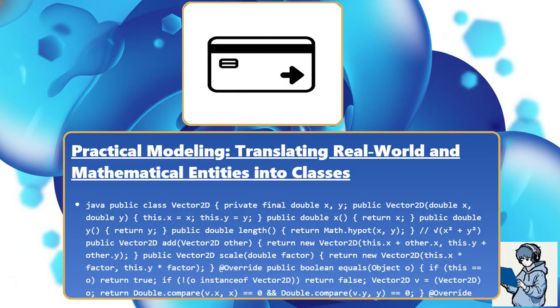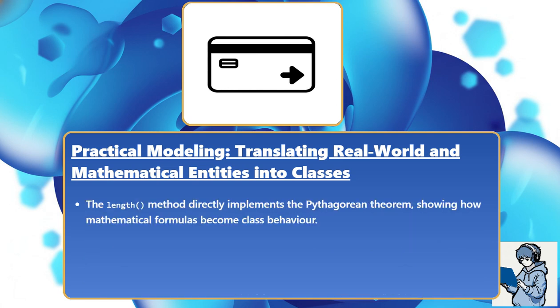Java code, defining a Vector2D class with immutable x and y fields, a length method that returns the hypotenuse using the Pythagorean theorem, add and scale methods that return new vectors, and overridden equals and hashCode methods. The length method directly implements the Pythagorean theorem, showing how mathematical formulas become class behavior.